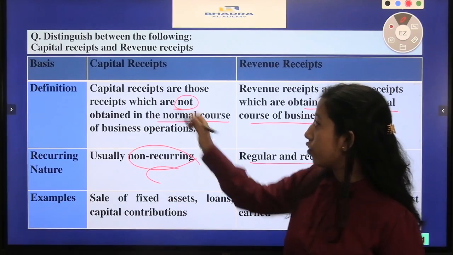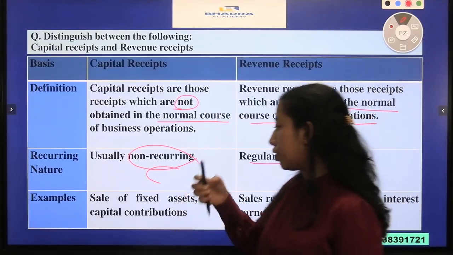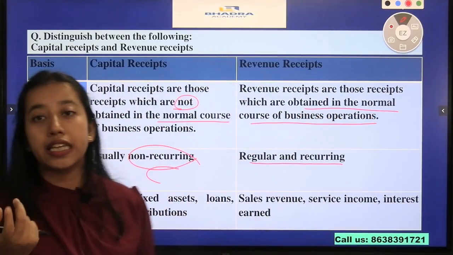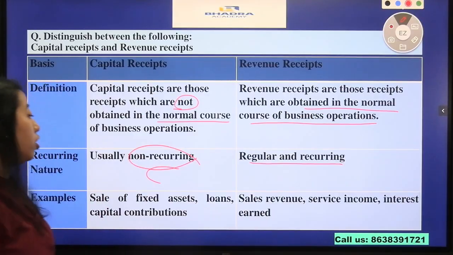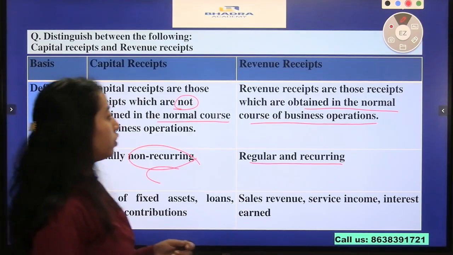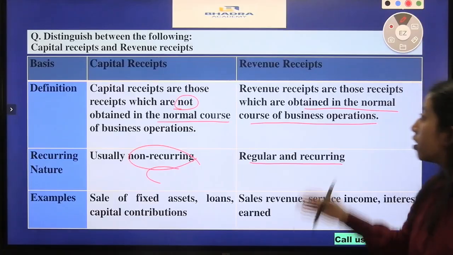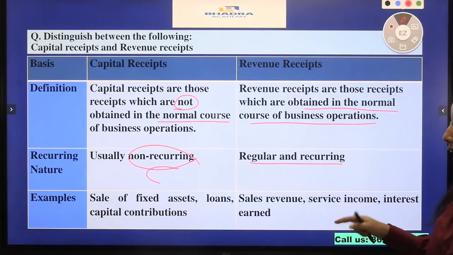Example is, in case of capital receipts, sale of fixed assets, loans and capital contributions. So selling of fixed assets like selling of land, machinery, loans taken will come under capital receipts, and capital contributions received will be the examples of capital receipts. Next, the examples of revenue receipts are sales revenue.